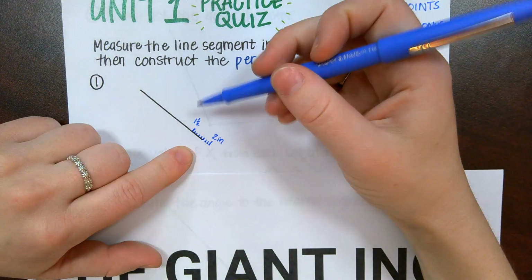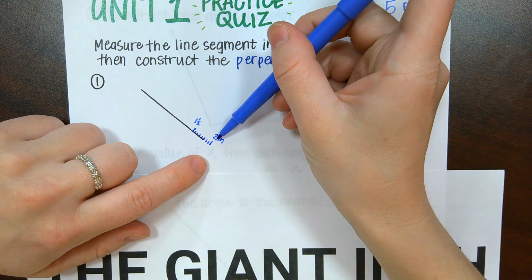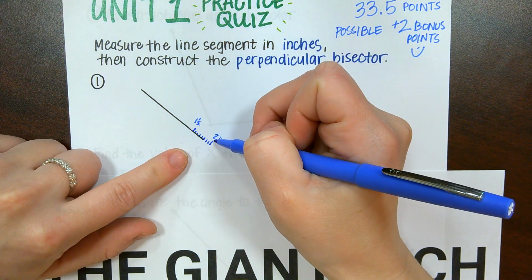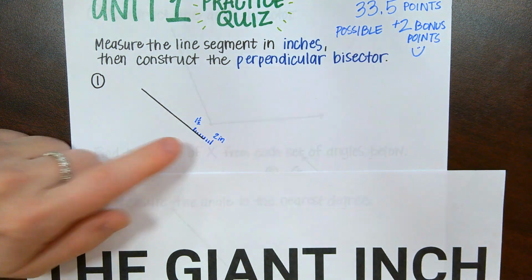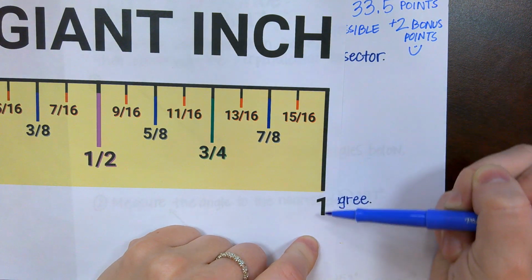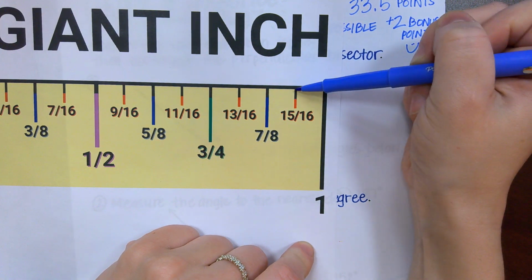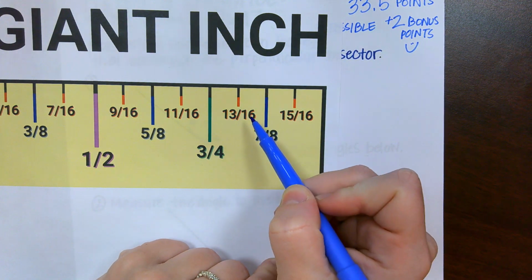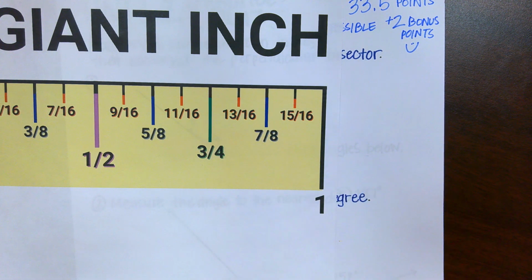I think I'm going to count backwards from 2 inches because there are fewer tick marks to count here. So 2 inches and then 1, 2, 3 backwards. So here I am at my inch, and I'm just going to go 1, 2, 3 backwards. 13/16 is my fraction, it looks like.